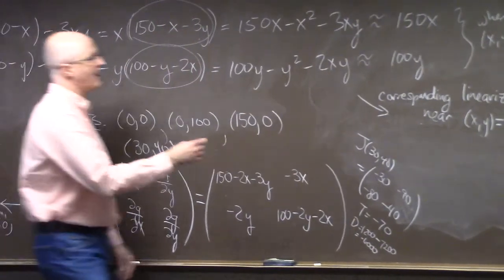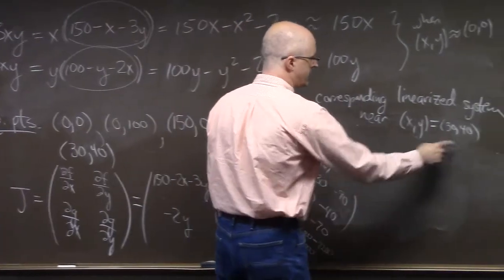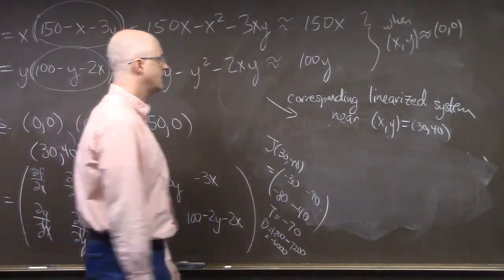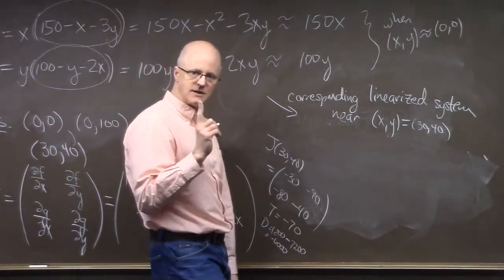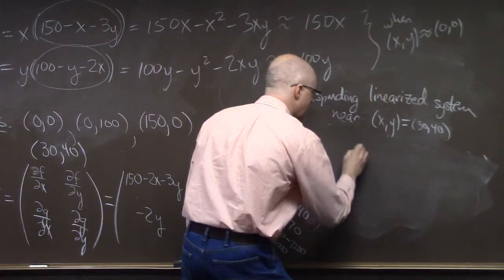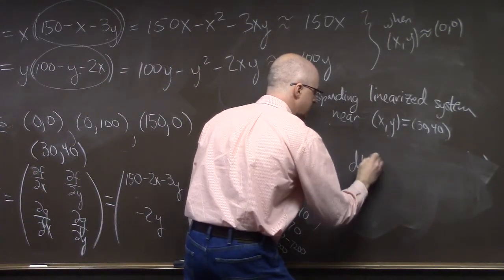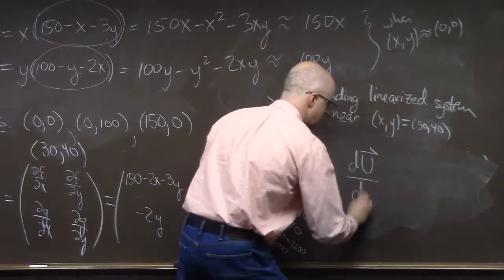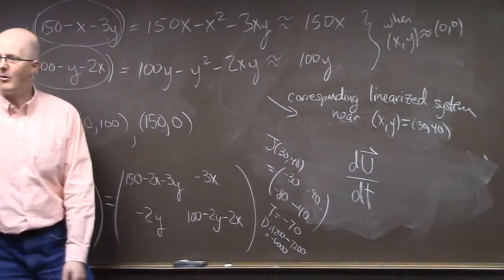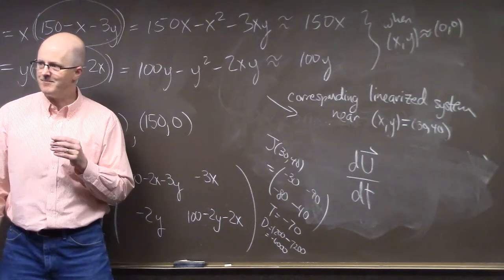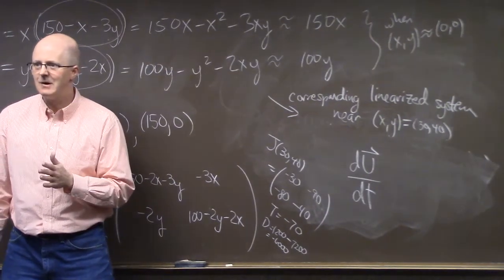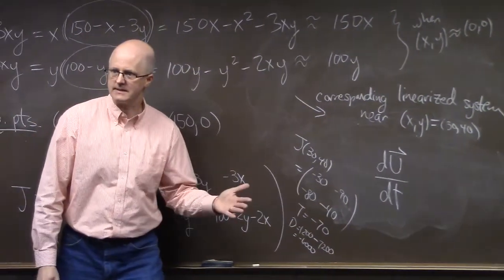That means the corresponding linearized system near 30, 40 can be written as follows. I'm going to use a different letter here. Other than capital Y, I'm going to use a capital U. Why am I using a different letter? To emphasize, for one thing, that it is a different system.